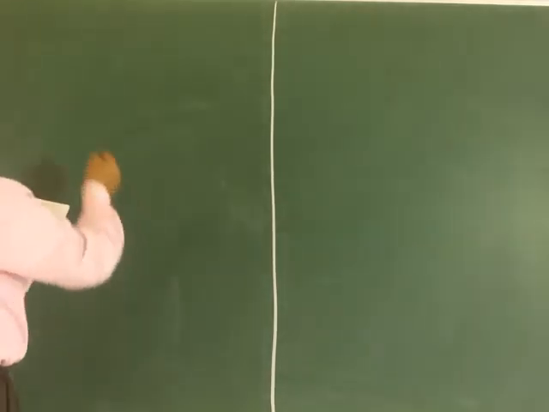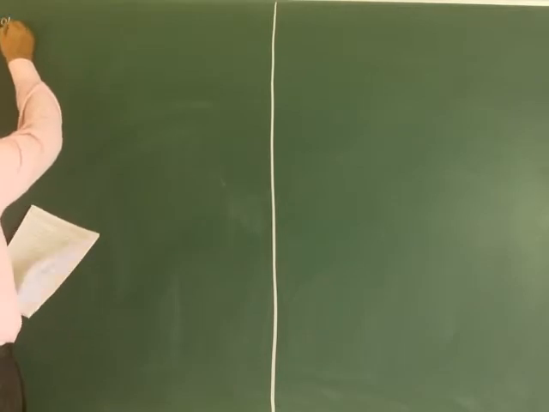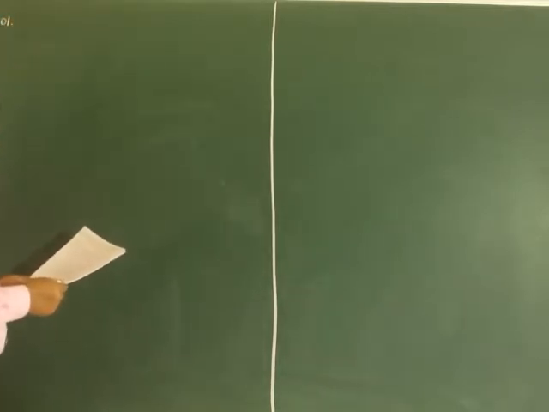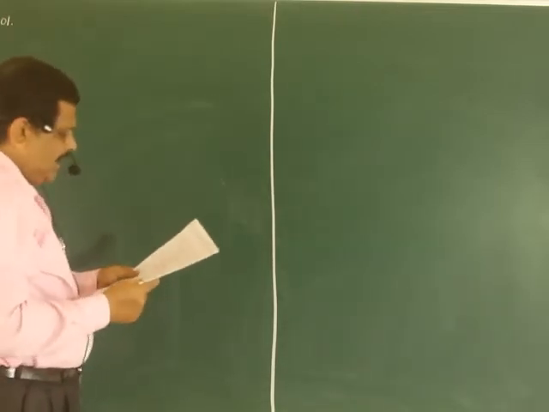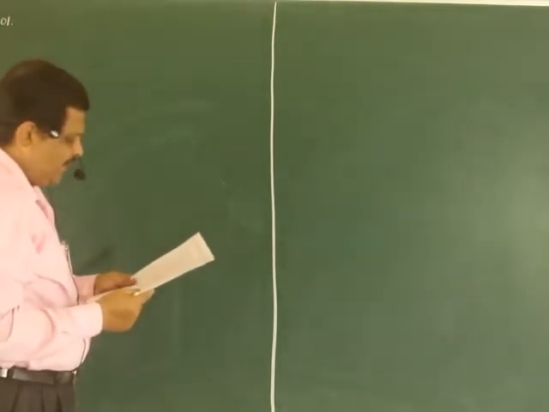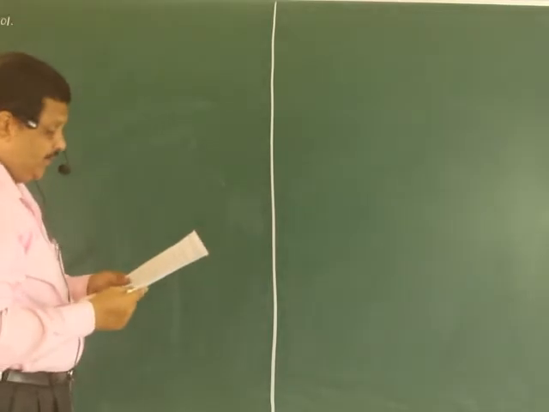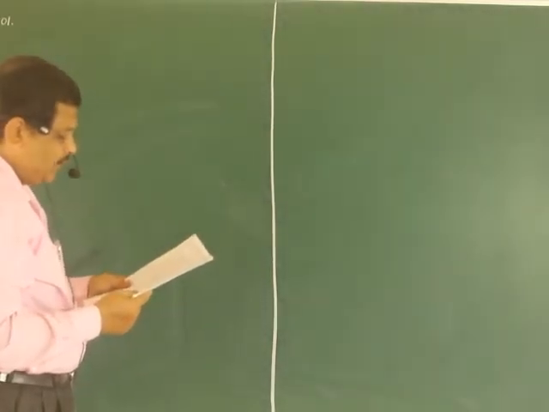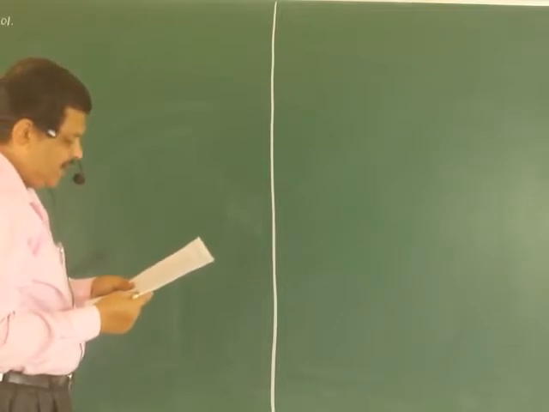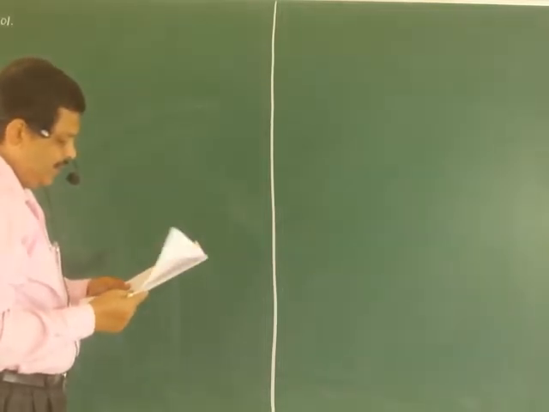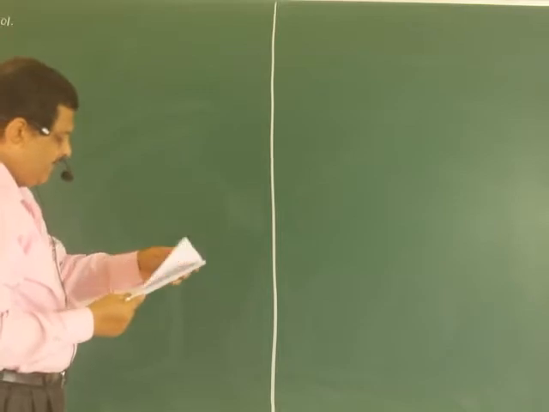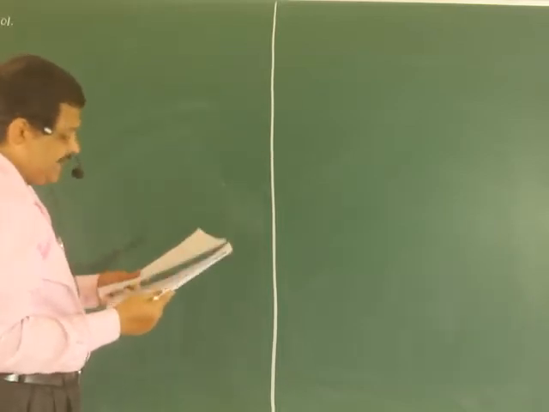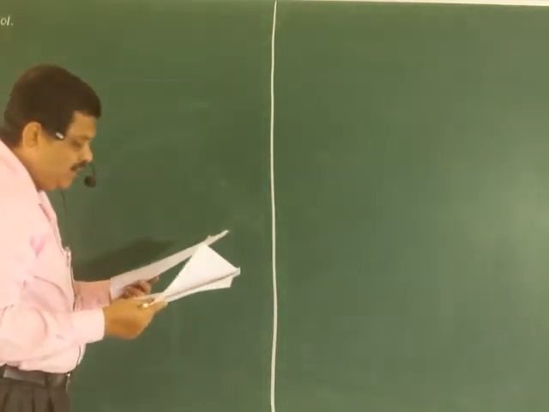In the column first, they have given trailers and lianas, xerophytes, halophytes. In column 2, hiptage, artocarpus, euphorbia, pseudotrapa. If you match this, the correct answer for this is option C.